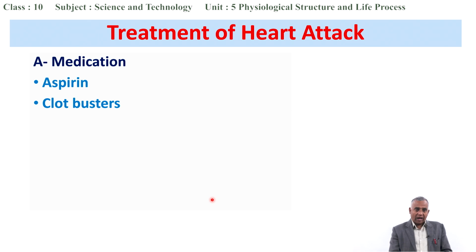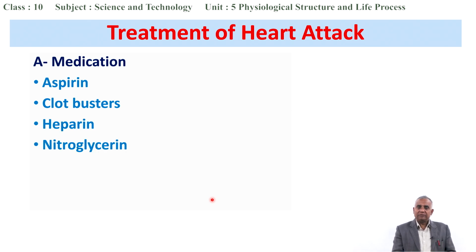And the next one is heparin, that also makes blood thin. Nitroglycerin, morphine. Morphine is for what? That is for pain.